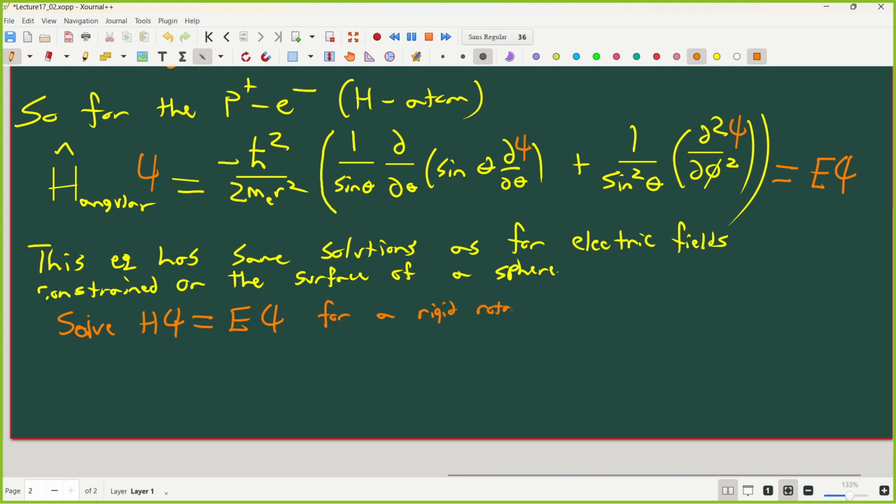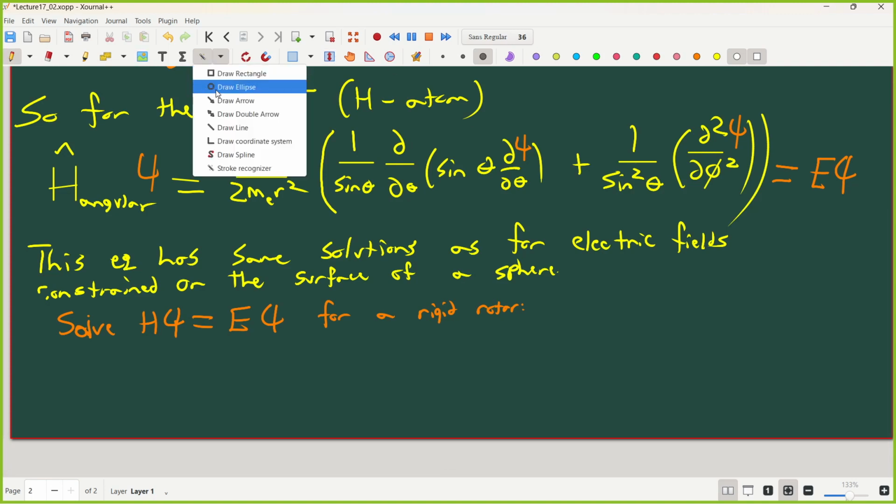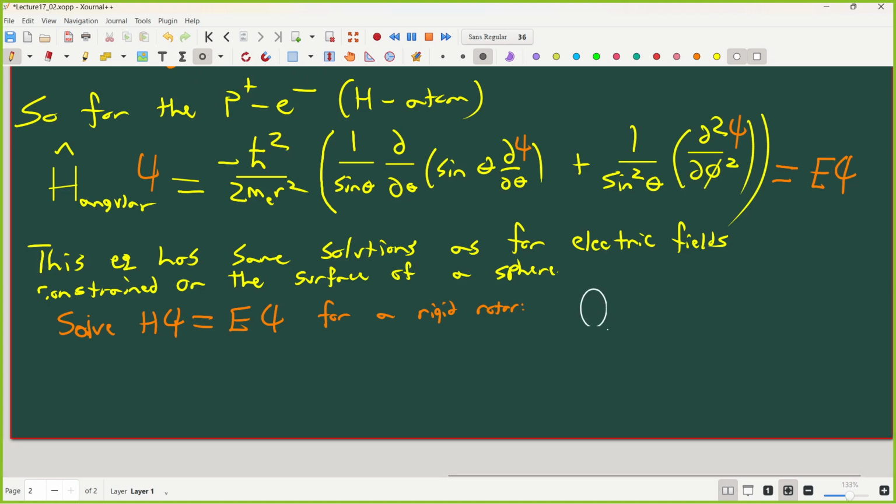Well, what it actually is, just a minute. Where's my circles tool? What it really is, is the solution to having a little proton in the center.